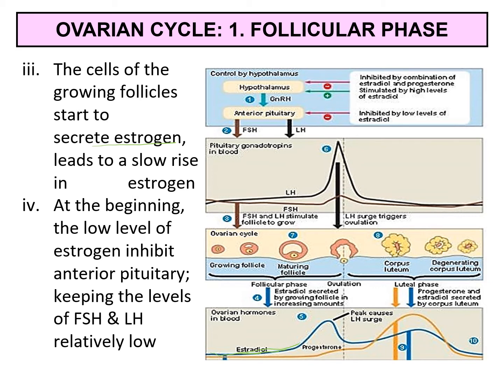This low level will inhibit further production of FSH. This negative feedback is important to make sure that only one follicle will continue to grow. If there is more FSH, it might affect the growth of another follicle. So we need only one follicle to develop at a time, each month.